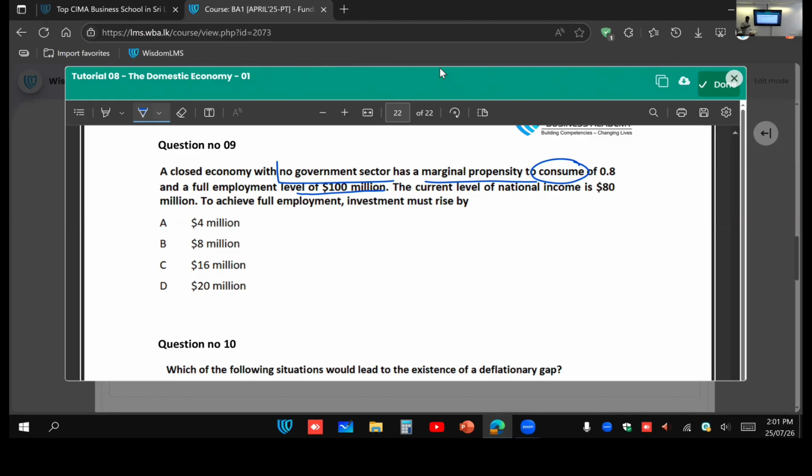As far as I feel, it's just a matter of calculating the multiplier, right? So the multiplier is K, and K is equal to 1 divided by 1 minus MPC.